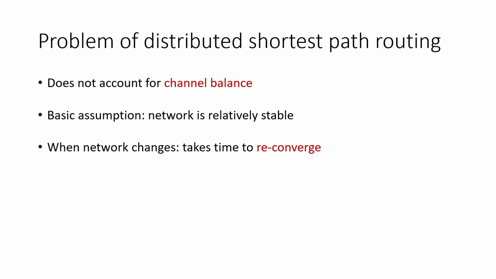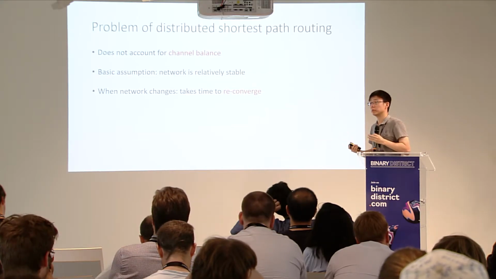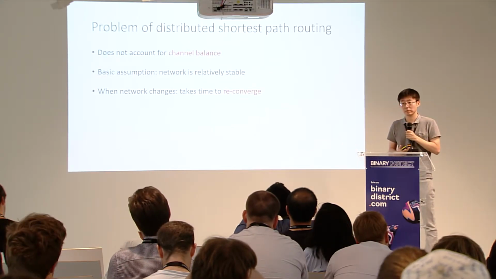Whenever the network changes, it needs time to reconverge. For distributed routing algorithms, this reconvergence actually takes time. And this is the million-dollar or billion-dollar question that Cisco, Arista, and these traditional networking companies are solving: how to minimize this reconvergence time. But it's a very hard problem.